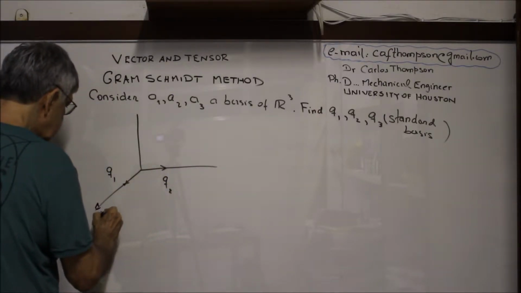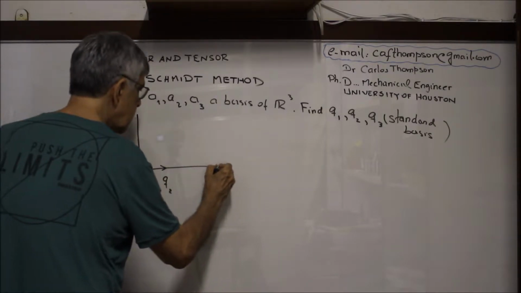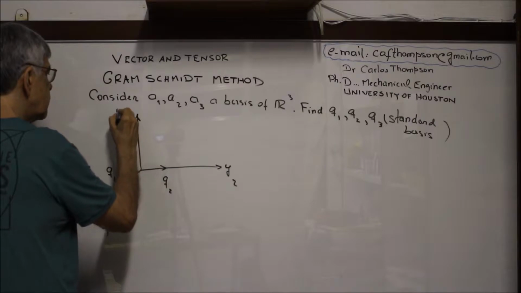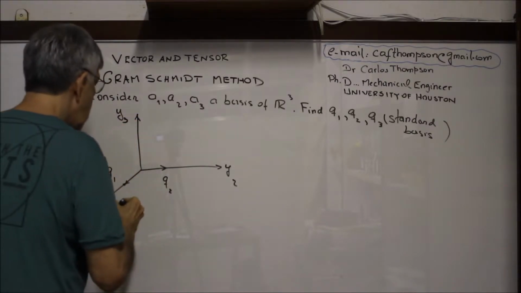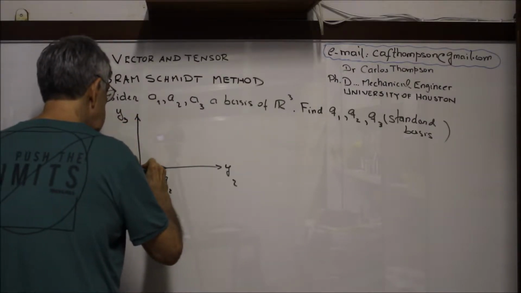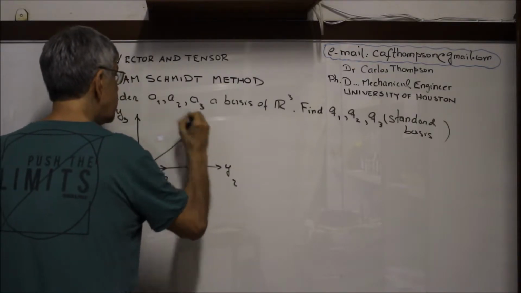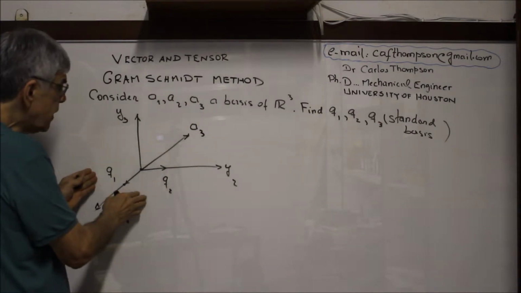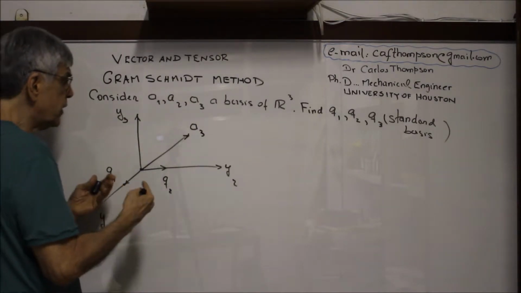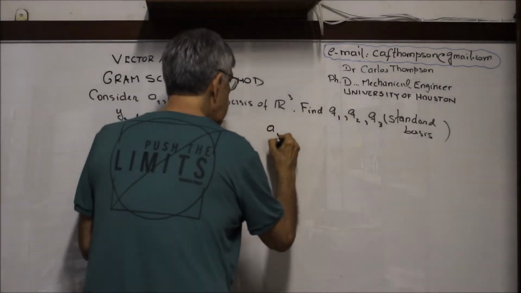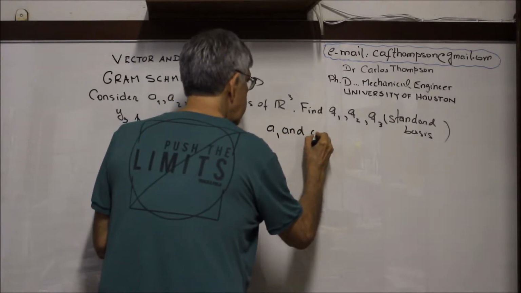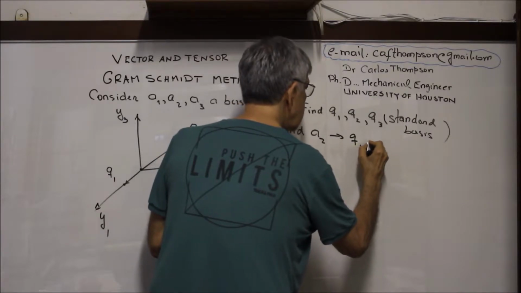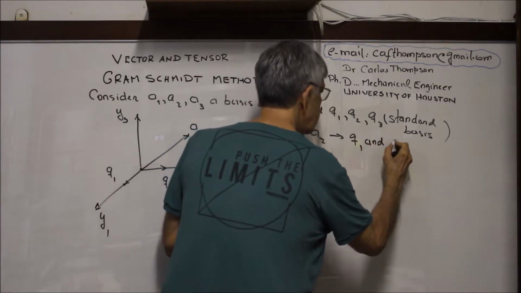Let's call the axes X, Y1, Y2, and this one Y3. Now, here is the third vector, A3. Did you understand? Previously, with A1 and A2, you just got Q1 and Q2.